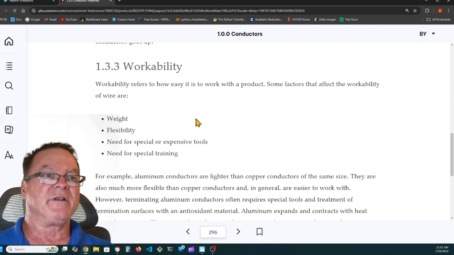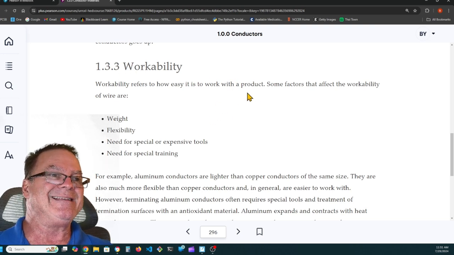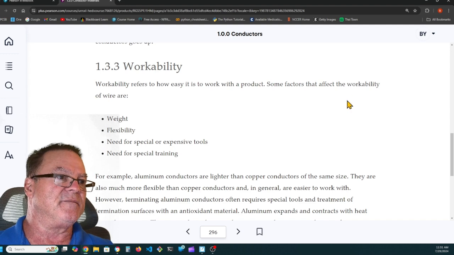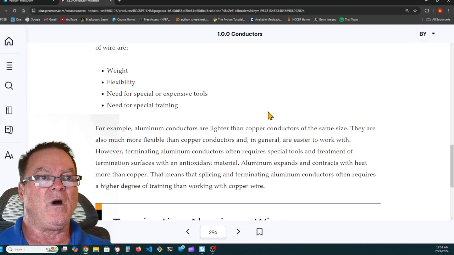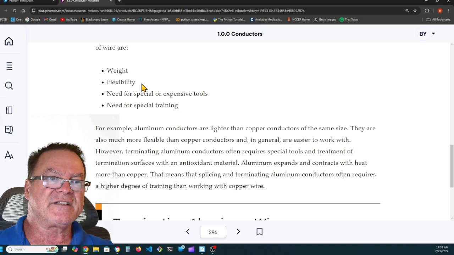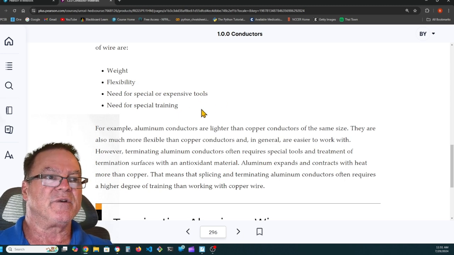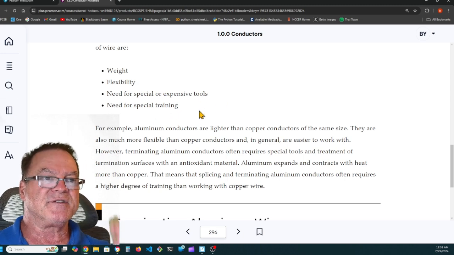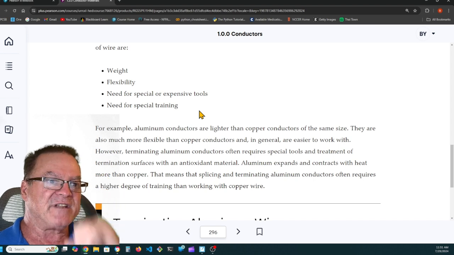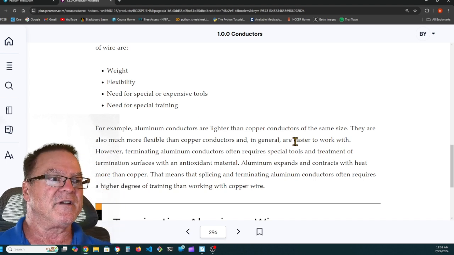1.3.3 Workability. Workability refers to how easy it is to work with a product. Some factors that affect the workability of wire are the weight, flexibility, the need for special or expensive tools, and the need for special training. For example, aluminum conductors are lighter than copper of the same size.